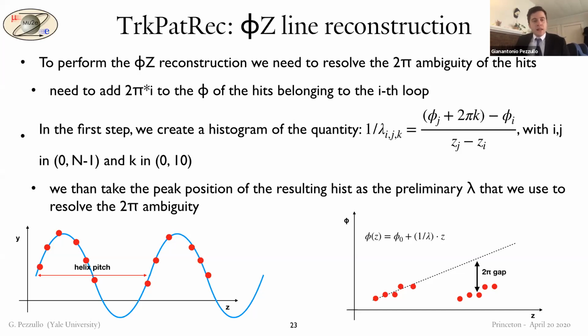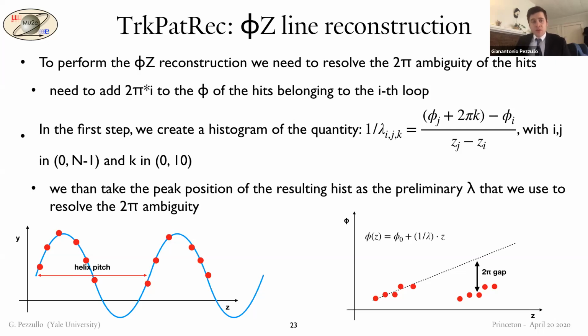To do that, we essentially use a histogramming procedure. First, we create a histogram of this quantity, which is shown here in the third bullet of the slide. We are testing adding this factor of 2-pi k to each phi, essentially testing all the possible cases for a given phi to be in the kth loop.